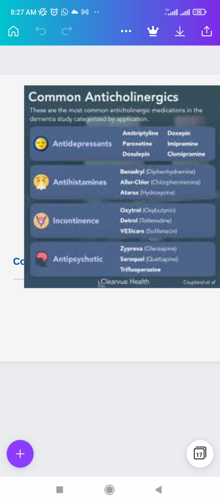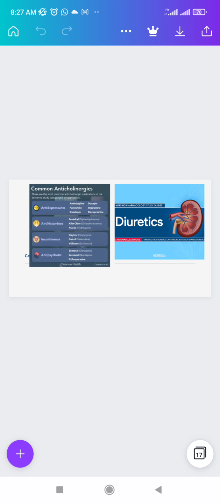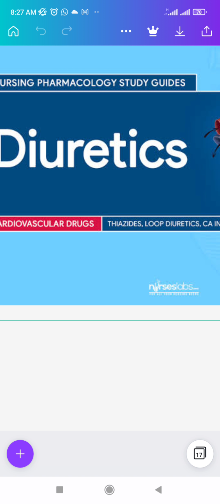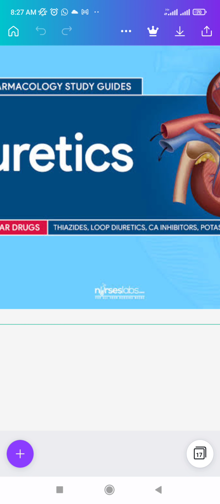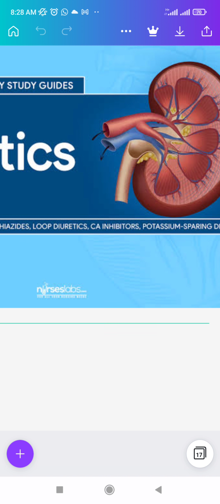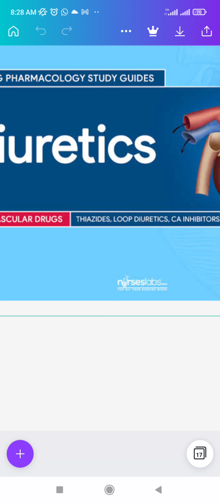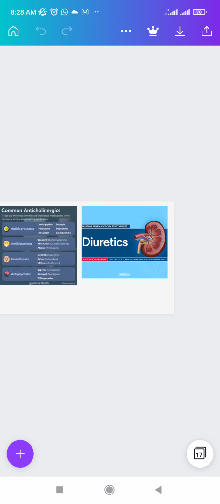These medications can cause dryness of mouth by anticholinergic effect, especially if the patient has ischemic heart disease. Among diuretics, especially loop and thiazide diuretics, carbonic anhydrase inhibitors, and potassium sparing diuretics can cause dryness of the mouth.